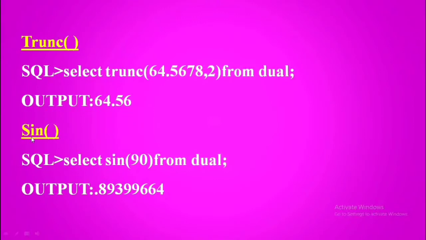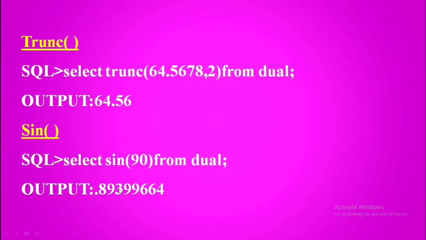Next, the sign function. The sign function is used to display the sign values. This is the command: select sign of 90 from dual; The output is 0.89399664. This is the output for sign 90.